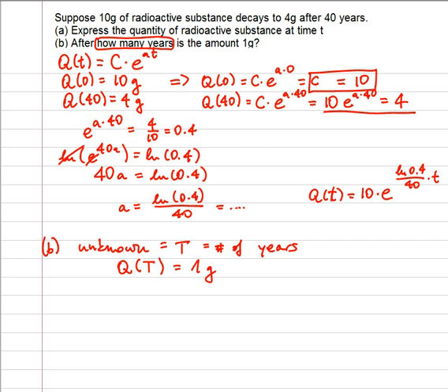So q of t is equal to this exponential function of t. Let's plug big T, the unknown t, into this formula. So we have 10 e to the ln 0.4 divided by 40 times big T equals 1.